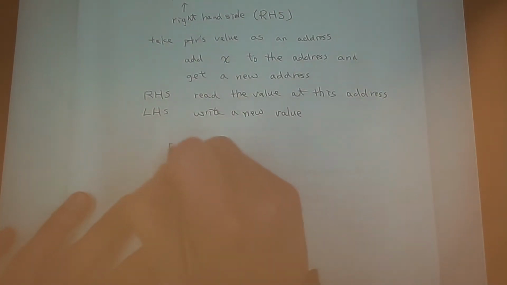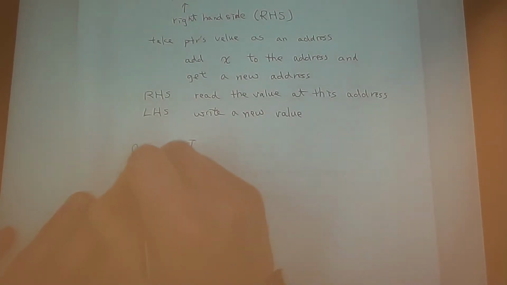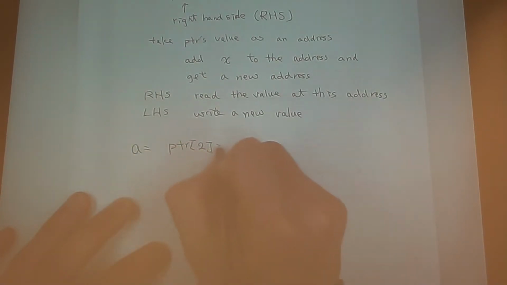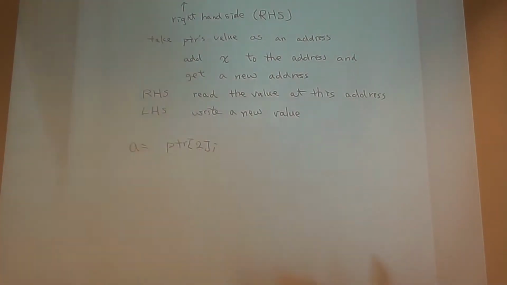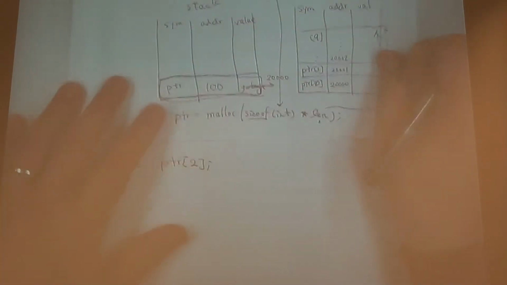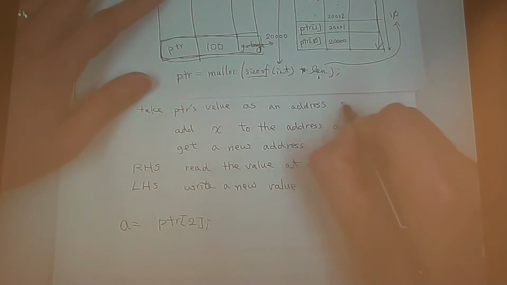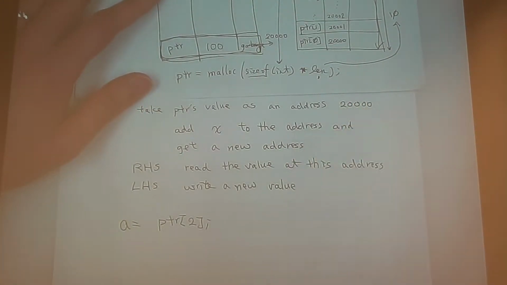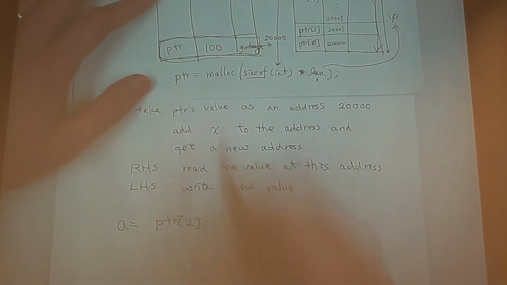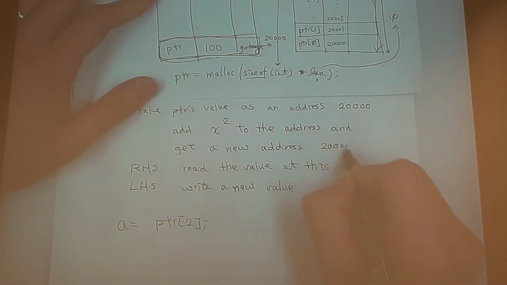So if I say A equal to PTR[2], that means I take PTR's value as address, so I get 20,000. I add 2, X is 2, so I get 20,000 plus 2. And then read the value from the address.